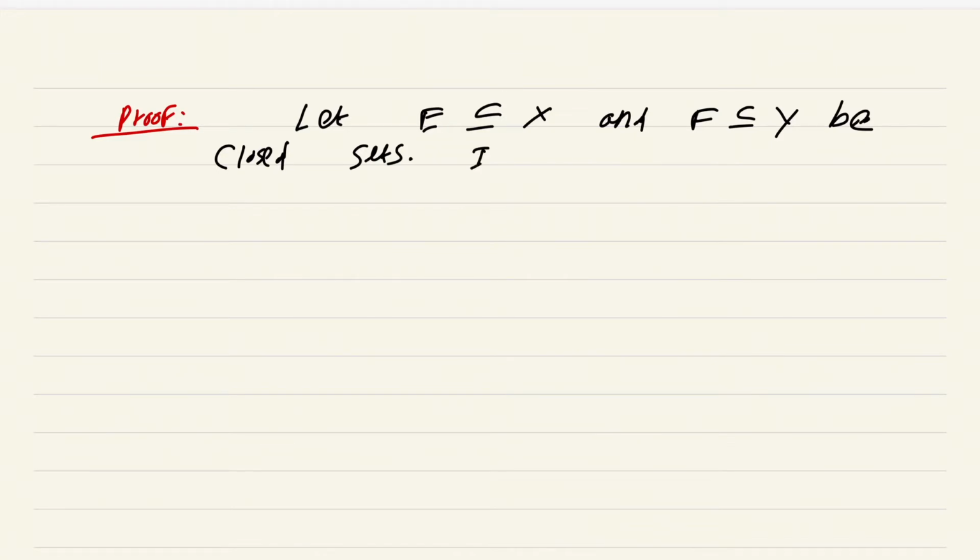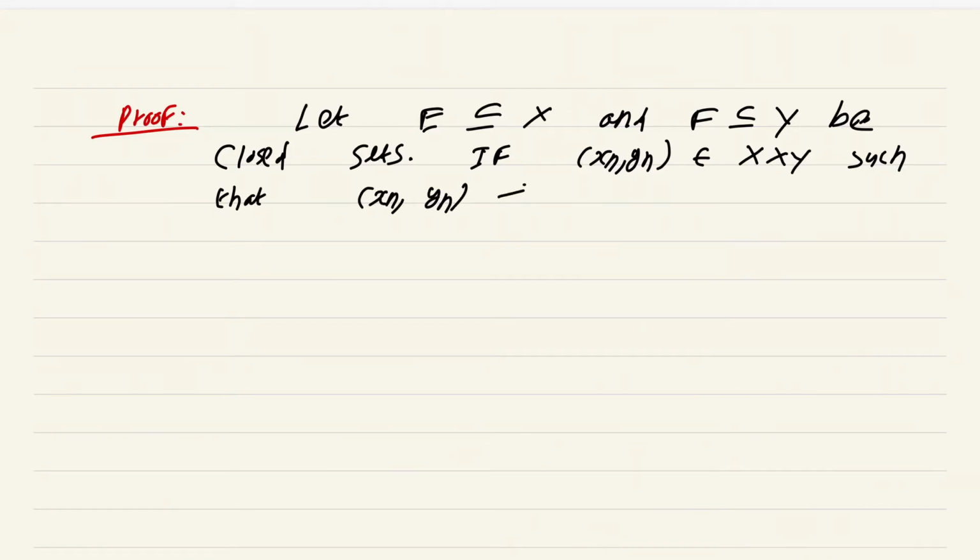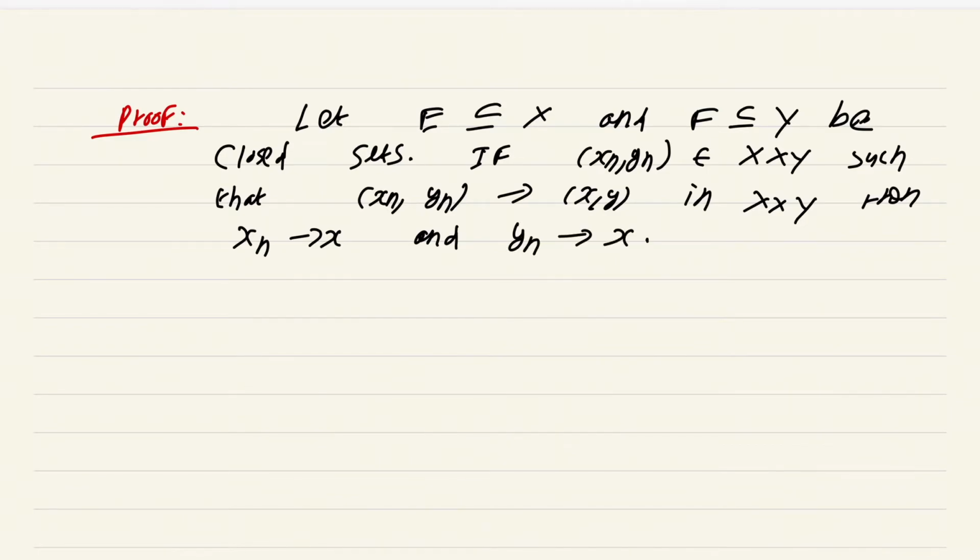So if (Xn, Yn) is a sequence in X cross Y such that (Xn, Yn) converges to (X, Y) in X cross Y, then, well, we have the characteristic property: Xn converges to X and Yn converges to Y.